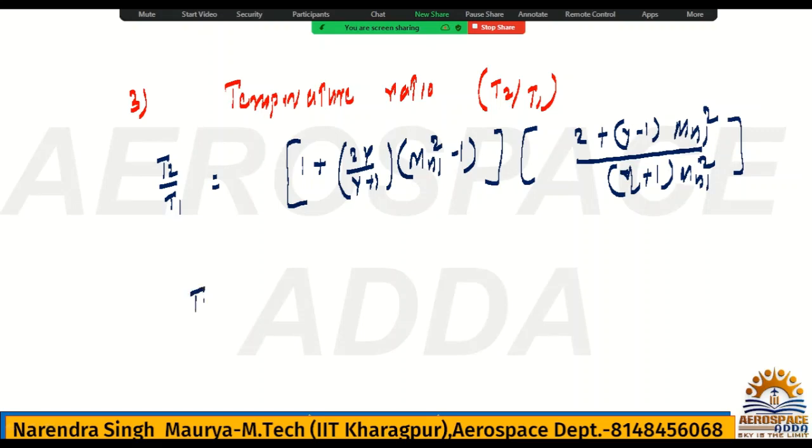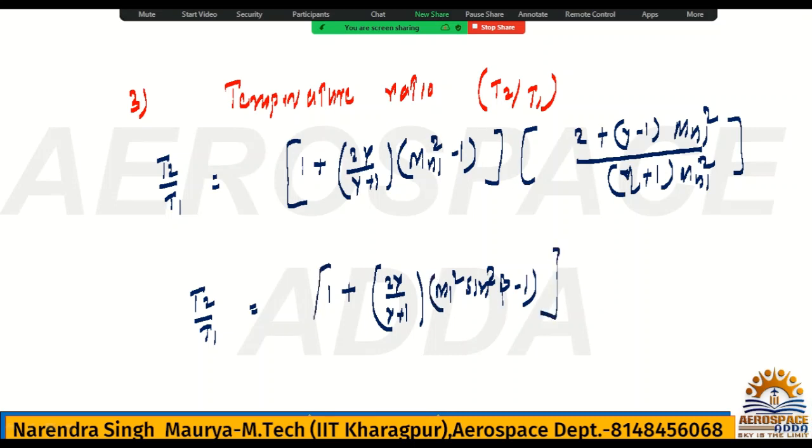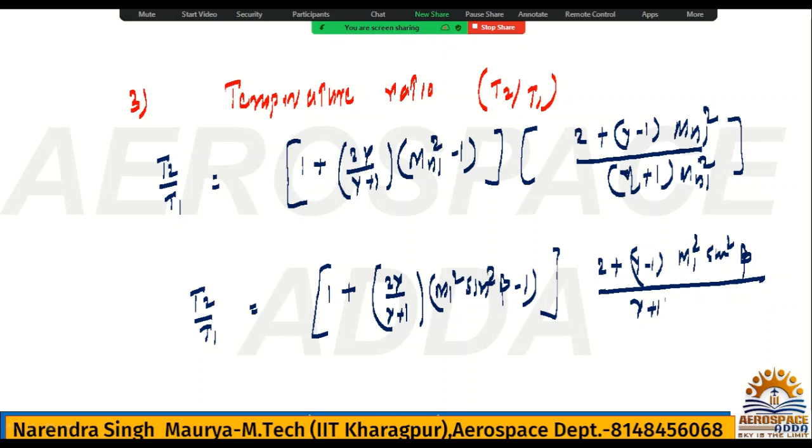So T2 by T1 is nothing but 1 plus 2 gamma over gamma plus 1 times M1 square sine square beta minus 1, and this is 2 plus gamma minus 1 M1 square sine square beta divided by gamma plus 1 M1 square sine square beta.